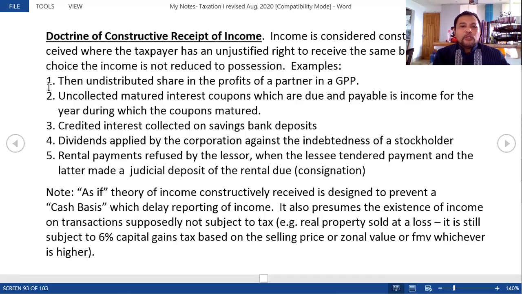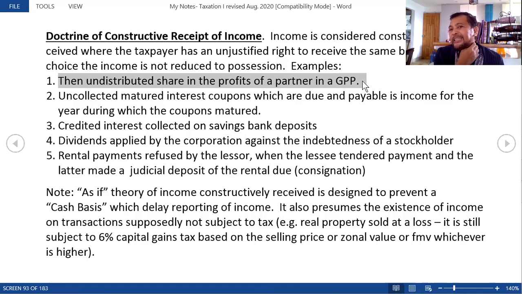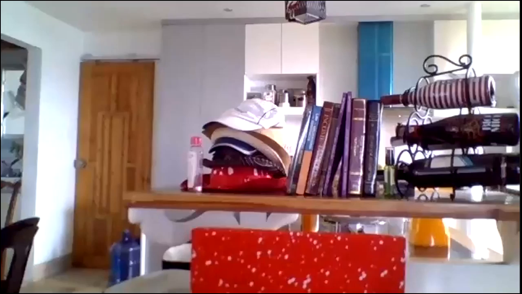So examples: undistributed share in the profits of a partner in a GPP. Again, what's a GPP? It's General Professional Partnership. Now, a GPP is not a tax-paying outfit, no, it does not pay taxes. It does not file income tax.